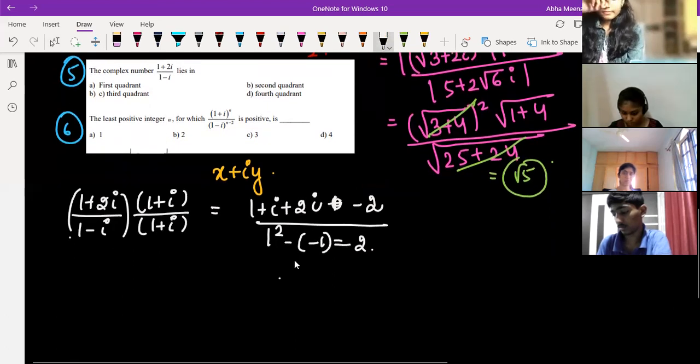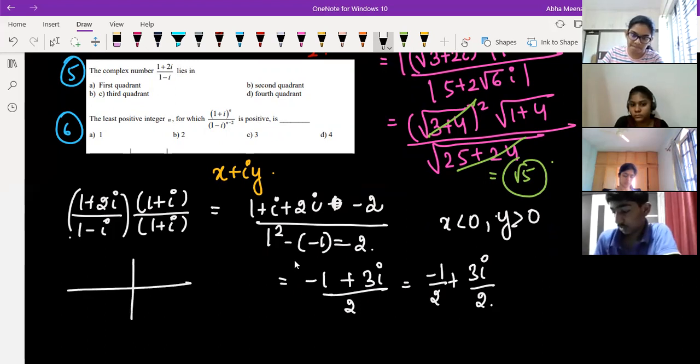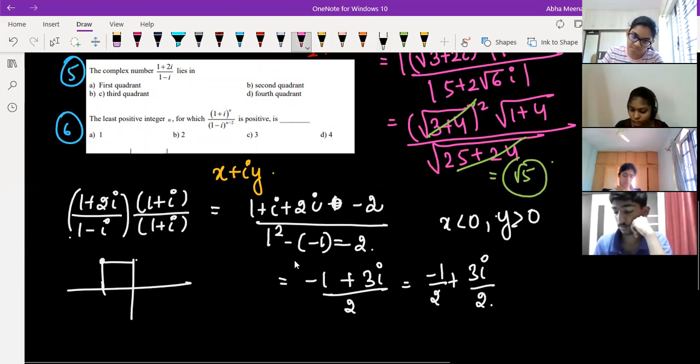Now this is minus 1 plus 3i by 2, so it is minus 1 by 2 plus 3i by 2. Your x is negative and y is positive. Very good, Samita. It is in the second quadrant.